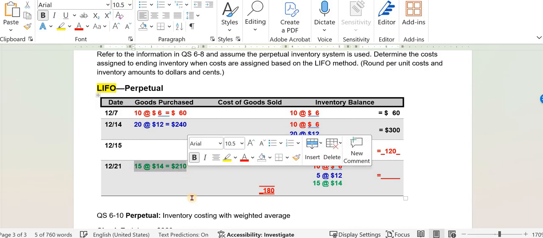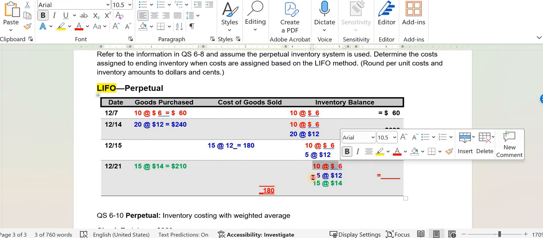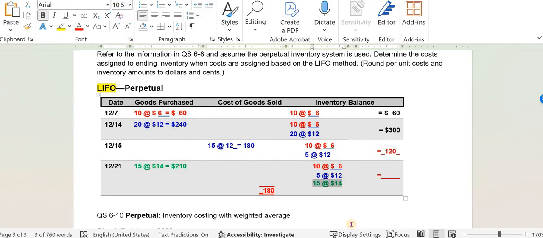He's an optimist. So what does his inventory look like after he bought them? Well, he's got the oldest red layer. He's got 5 of the blue ones left, and now he's got all of the green ones left. 210 and 120 is $330, right? Okay. That's using LIFO.